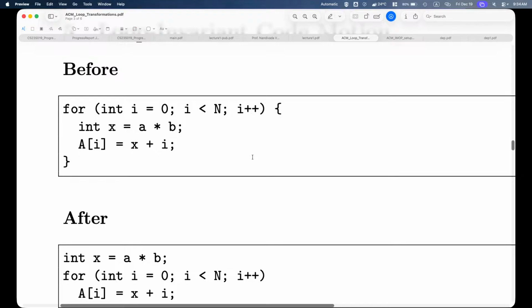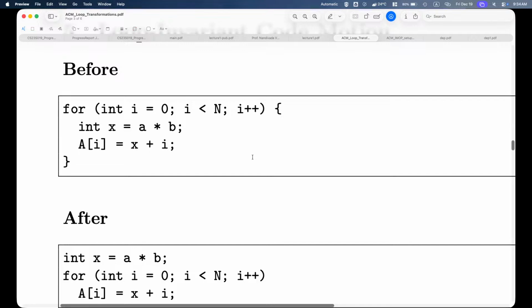Let me do something else. z equal to y plus 2 and z equal to z plus something that is changing, z plus I. So z equal to z plus I. Now let's do the same thing again.